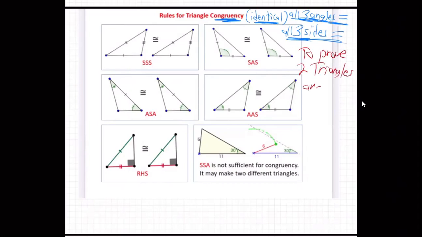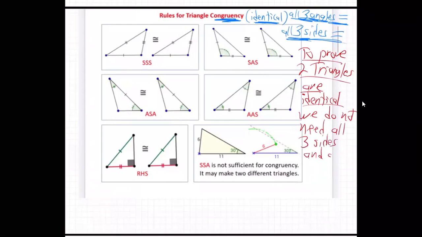To prove two triangles are identical, we do not need all 3 sides and all 3 angles.